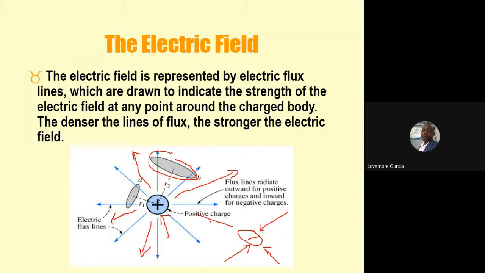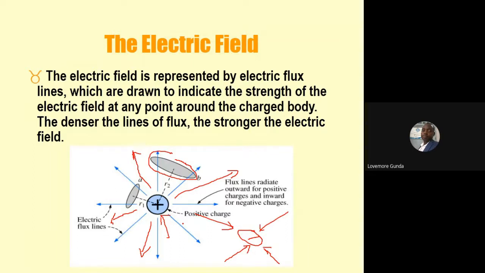Then for a negative charge, the flux lines will be coming towards the charged body. So in other words, we are just saying the direction of the flux lines will be the direction in which a charged body would move if placed at that point.